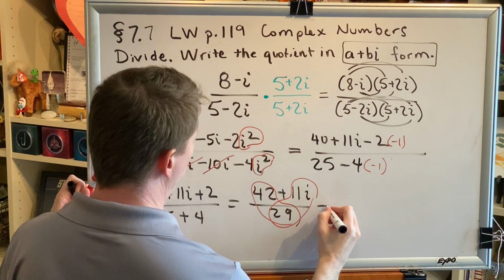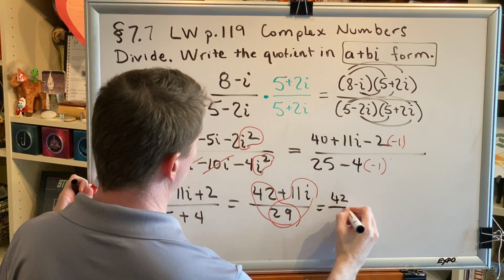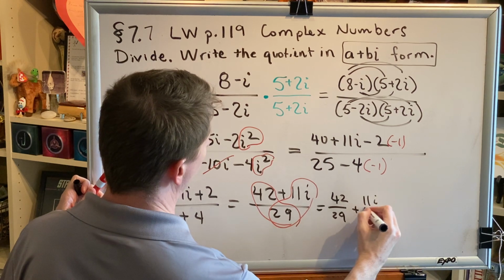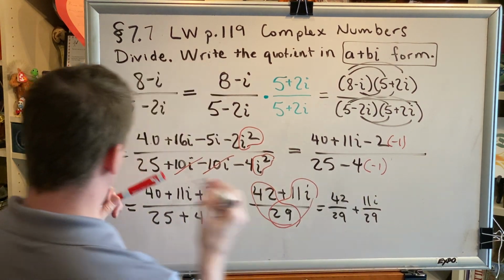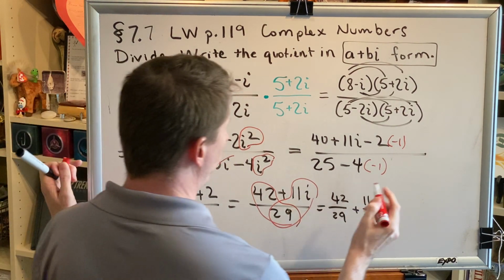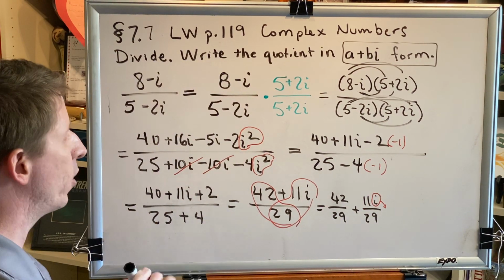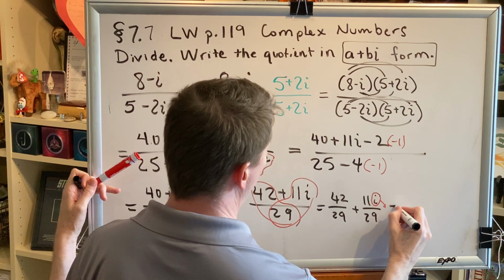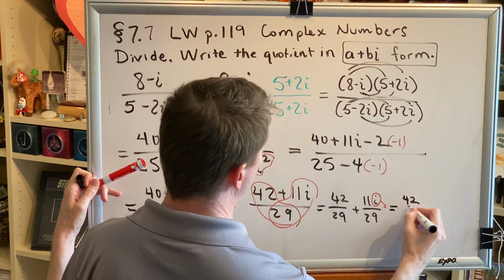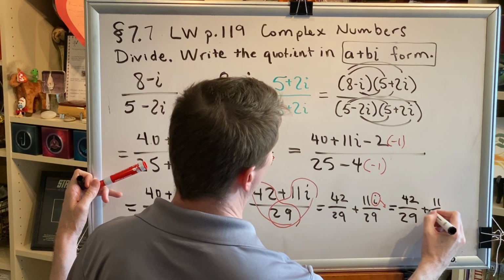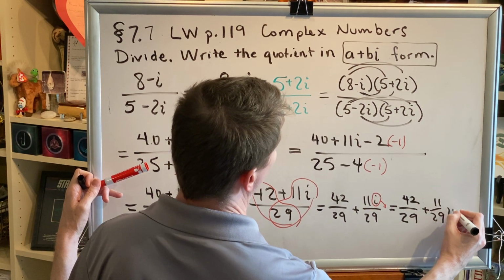So then we have 42 over 29 plus 11i over 29. And then finally, we move the i to the right because i is not allowed to be inside a fraction. And we get our final answer, 42 29ths plus 11 29ths i.